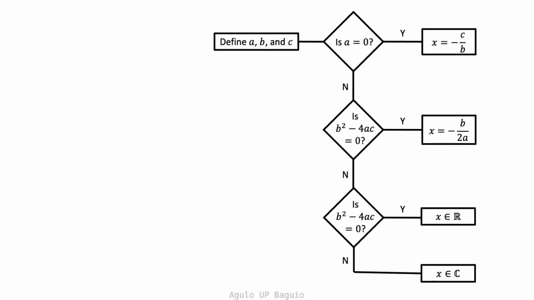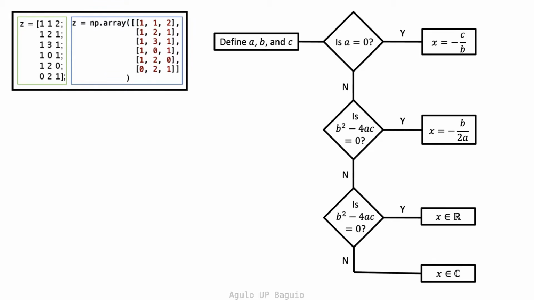The variable z is therefore a matrix with 6 rows and 3 columns, or a 6 by 3 matrix. Columns 1, 2, and 3 represent the coefficients a, b, and c respectively, and each row represents 6 sets of coefficients.